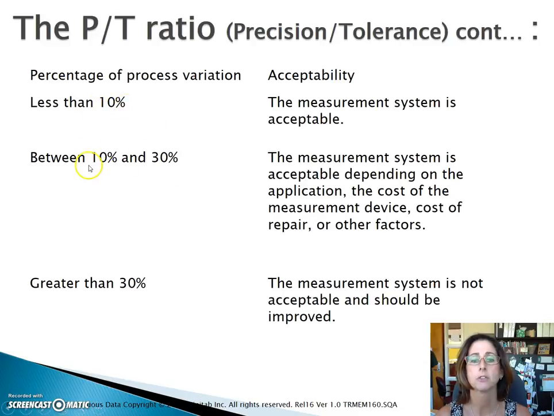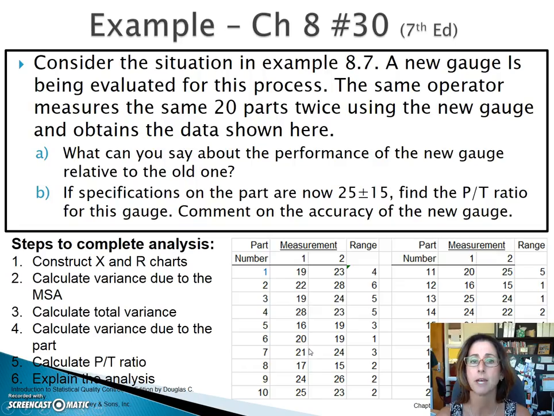If it's between 10 and 30% of the variability the customer allows, aka the user specification limits, then it depends on the cost and the product, etc. If that precision tolerance ratio is over 30%, then the measurement system just isn't acceptable, to have 30% of the user specification range taken up by variability due to the measurement system, okay? So that's how we determine that.